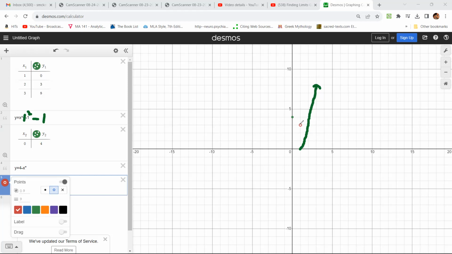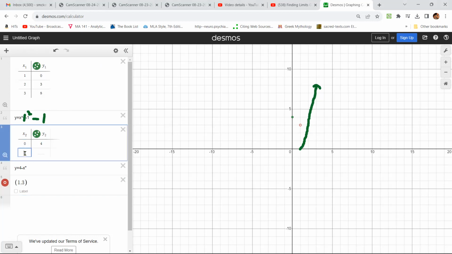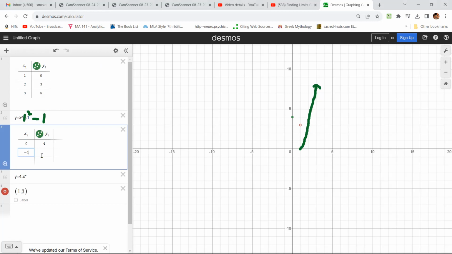So I've got a line that goes, I'm going to plot one more point here. What if I plot the point, say, -1, just so I can see where it is?